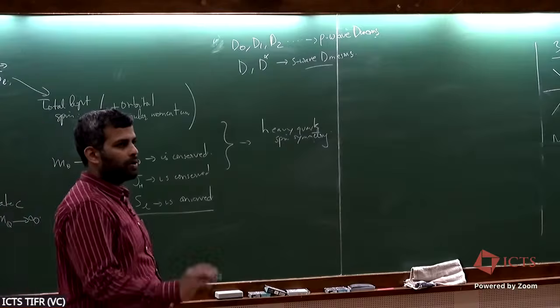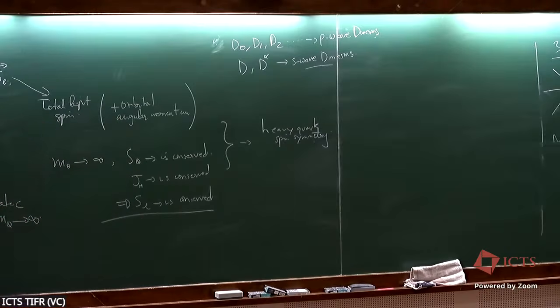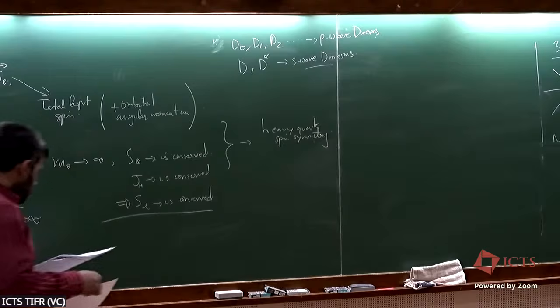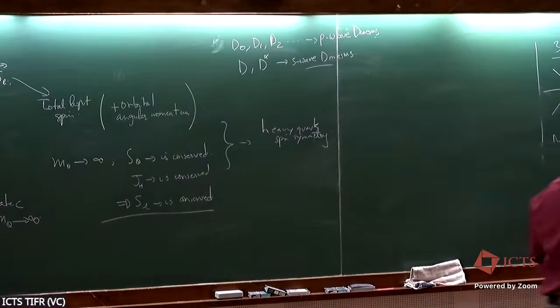And this is what we also see in the experiments. Okay, and there are obviously these parity and isospin quantum numbers that you are aware of. So maybe let me just skip it, but you will probably find it in the notes.